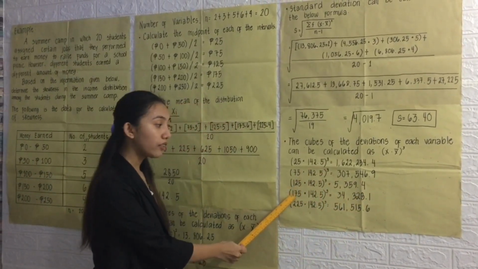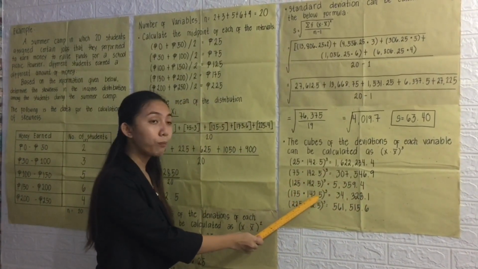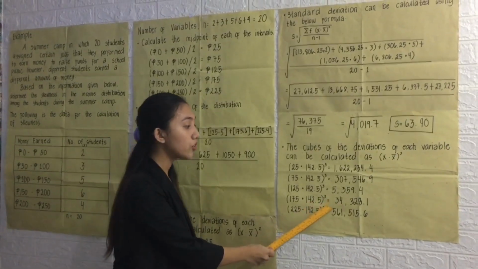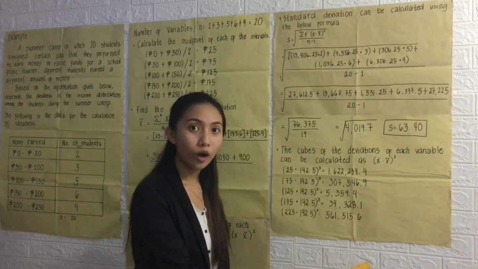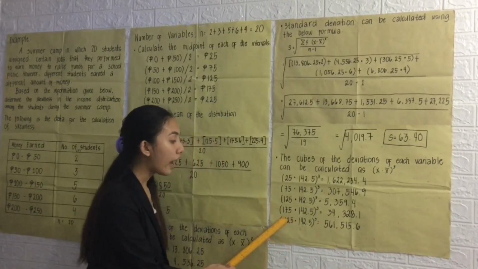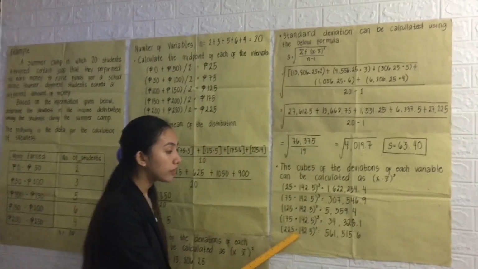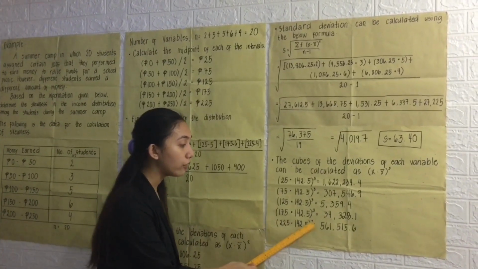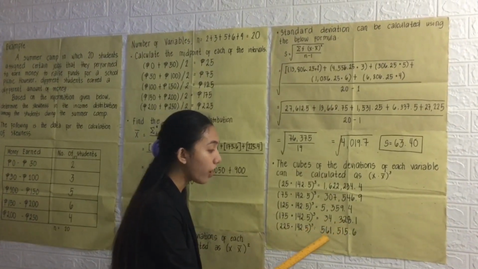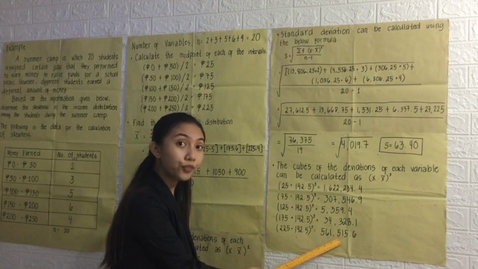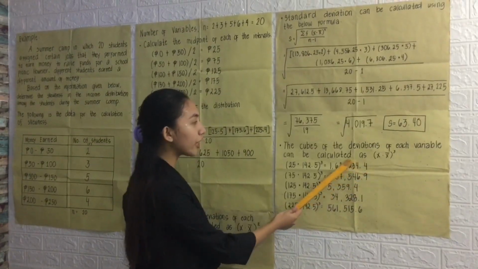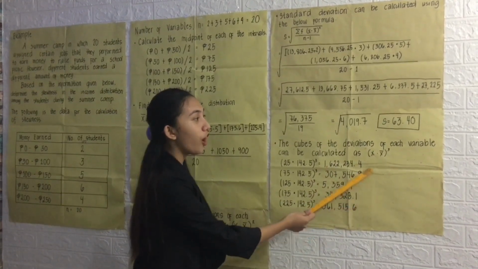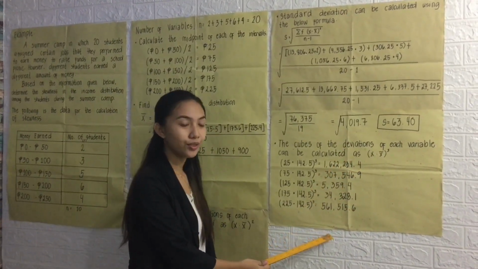And 175 minus 142.5 cubed is equal to 34,328.1. And lastly, we have 225 minus 142.5 cubed, which is equal to 561,515.6. So here are the cubes of the deviations of each variable.